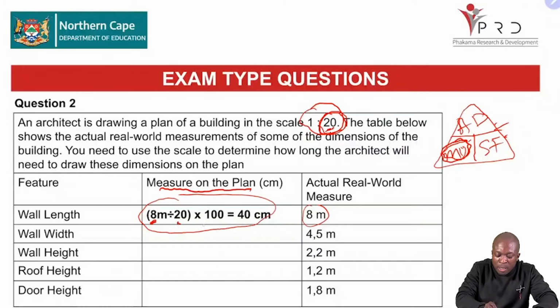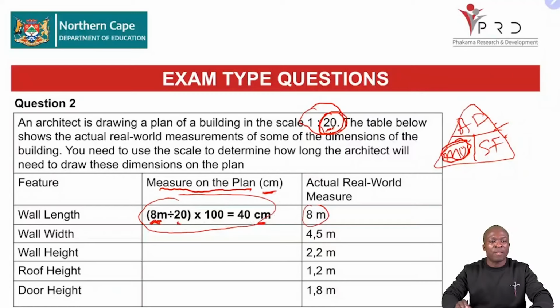Why am I multiplying by 100? I'm multiplying by 100 because I am changing it from meters to centimeters. Remember, the examiner says we must change all the values from meters to centimeters. So we say 8, which is the actual, divided by the SF, which is a scale factor of 20. We times everything by 100, and that will give us 40 centimeters.